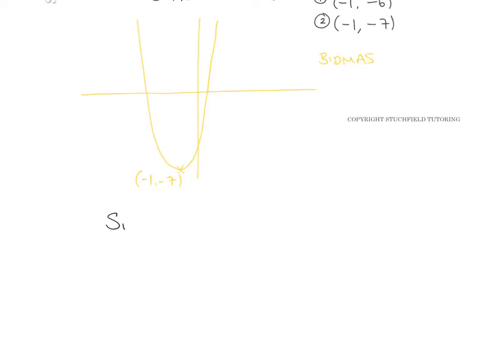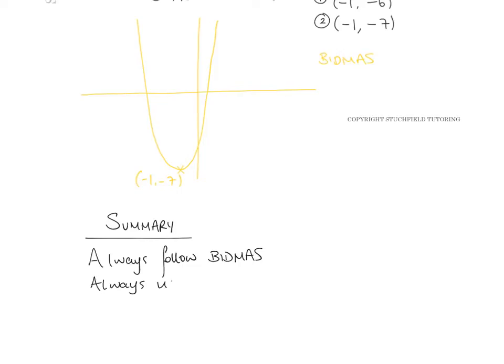Okay, so summary. Always follow BIDMAS. And always use the transformations on the coordinates. And that will help you to understand the transformations that are going on with the function.